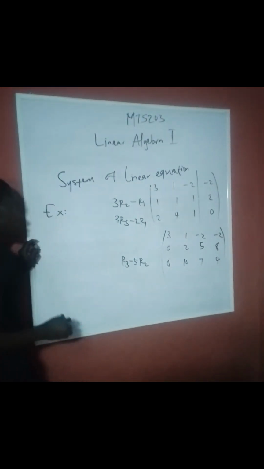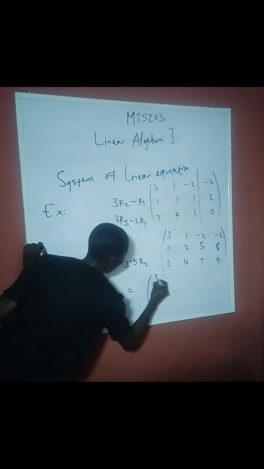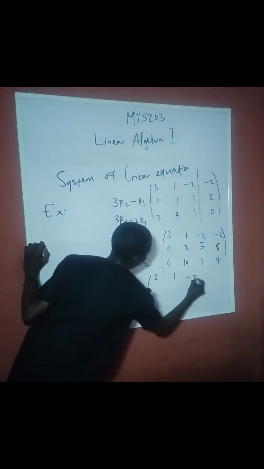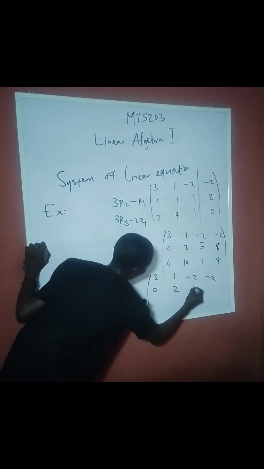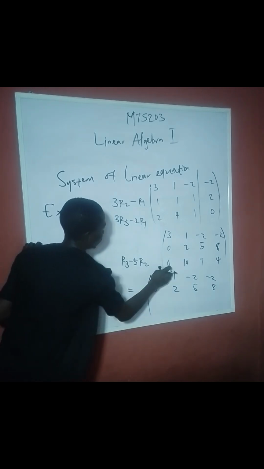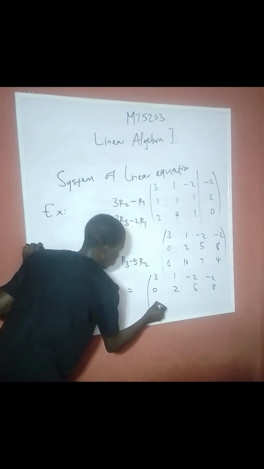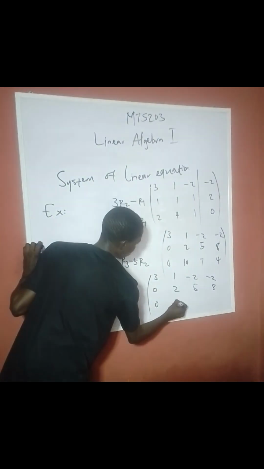Yeah. And that will yield 3, 1, minus 2, minus 2, 0, 2, 5, 8, and then 0 minus 5 times 0, 0. 10 minus 5 times 2, 10. That's 0.